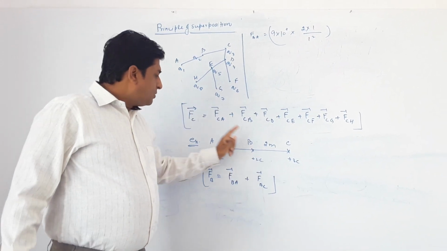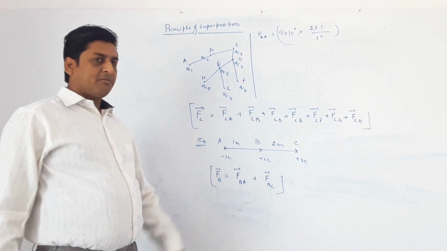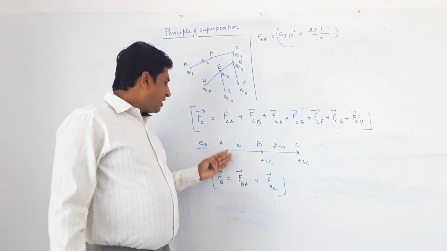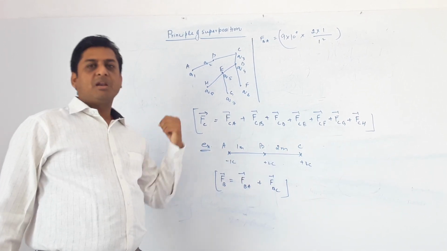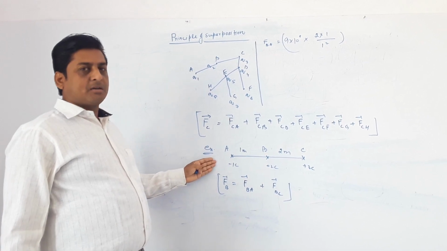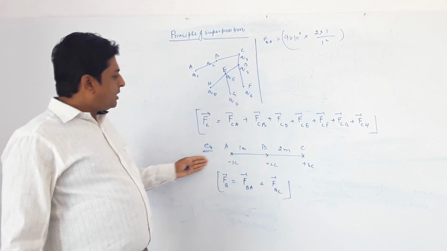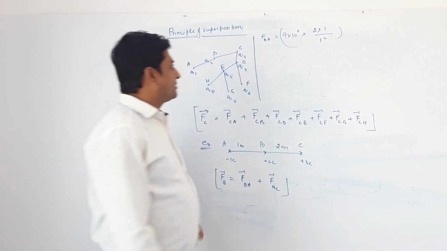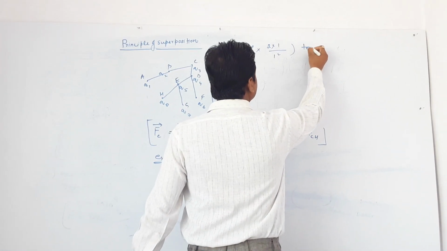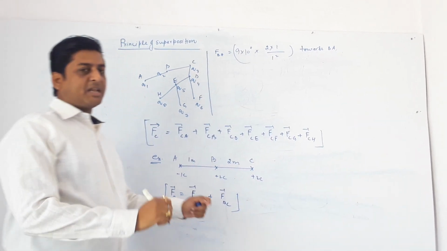Force at B due to A, what is A doing to B? A is negative, B is positive. What will A do to B? It will attract. So when it attracts, B will come towards where? It will come towards A. Means the direction will be BA because it will attract. So you will write here towards A. Now this is the direction.